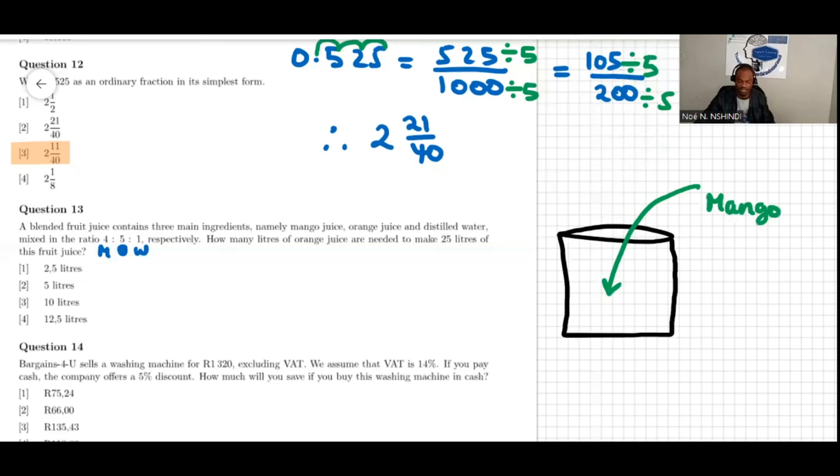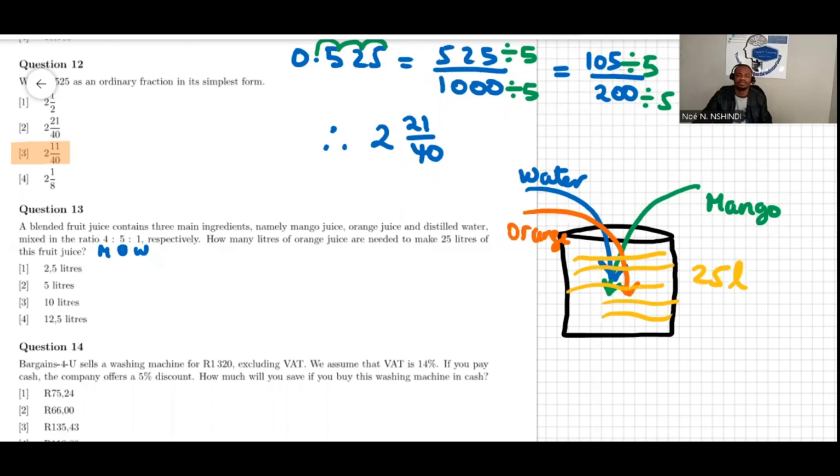We put mango juice there, and then we also put in the orange juice and the water. Now all together, the mixture is 25 liters.